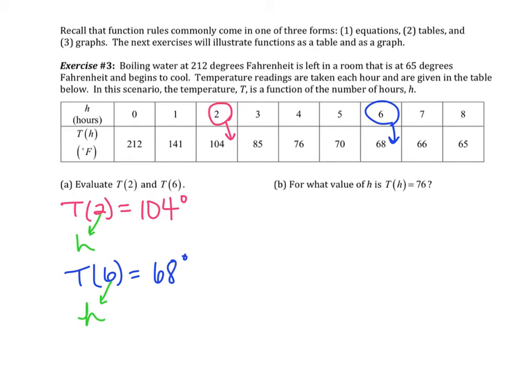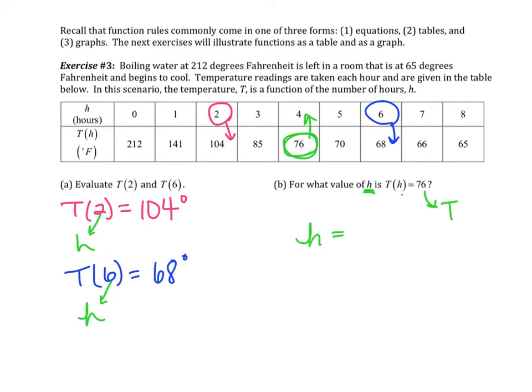Okay, now letter B is asking us to go the opposite way. For what value of h, meaning they want us to solve for the input, when T of h is equal to 76. So now they're giving me that 76 is the T, that is the temperature. So if I look on my table of values, I'm looking for the temperature of 76 and saying what number of hours, that's 4.